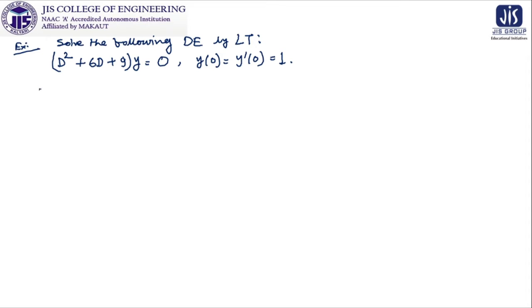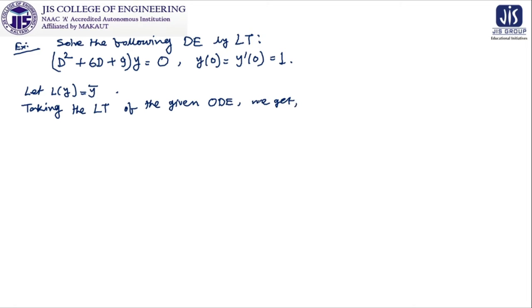So now we are going to start the solution of this one. So we are assuming, like the last page, let Ly is equal to y bar. So now taking the Laplace transform of the given ODE, we are taking Laplace transform of this given ODE both sides.